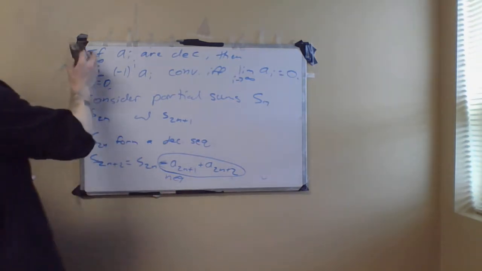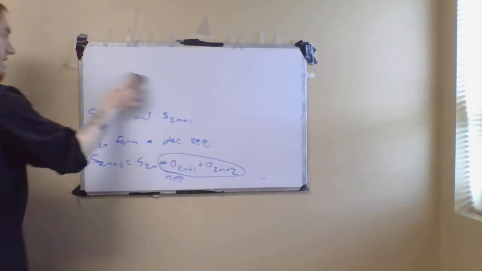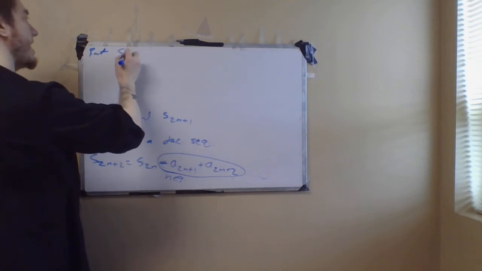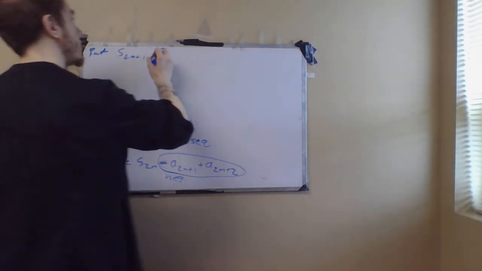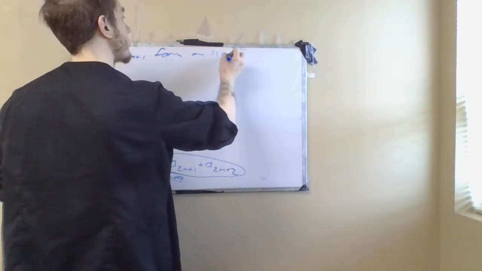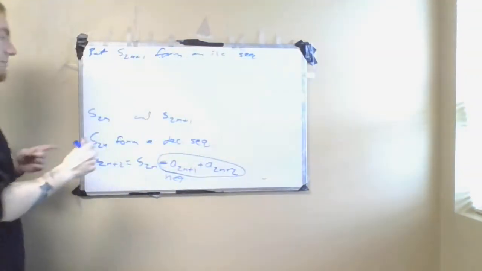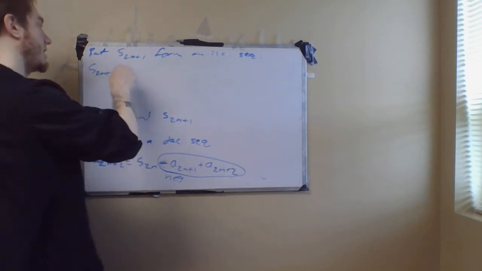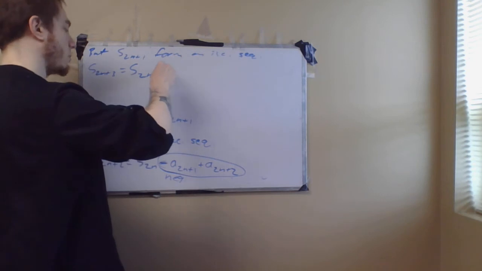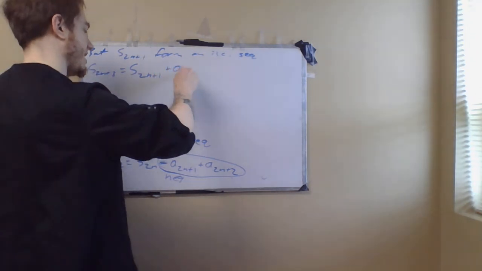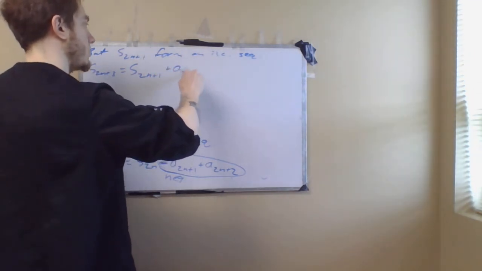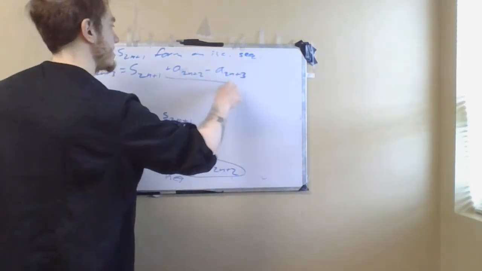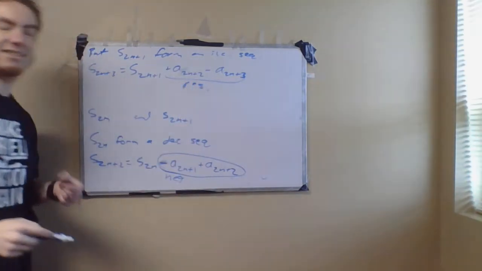By the same sort of argument, the S of 2n plus 1's form an increasing sequence, because S of 2n plus 3 is equal to S of 2n plus 1 plus a sub 2n plus 2 minus a sub 2n plus 3, and this is going to be some positive number.